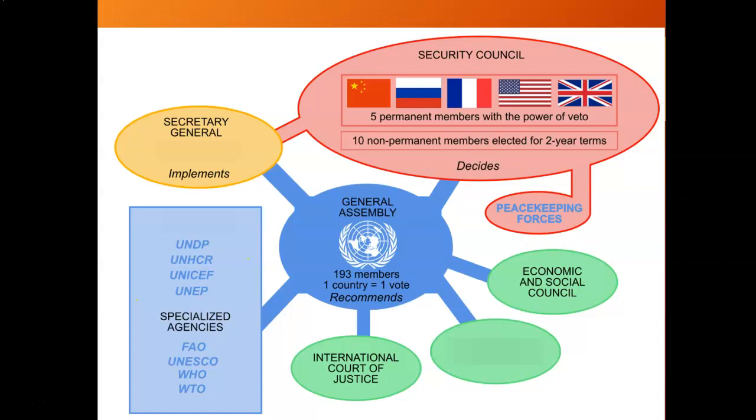There are some other independent agencies that are somewhat part of the UN, but they run themselves in partnership with the UN. An example of this is the World Health Organization, or the WHO. And there is another court that's based in The Hague that is associated with the UN, but it's pretty legally separate. This is called the International Criminal Court, or the ICC.